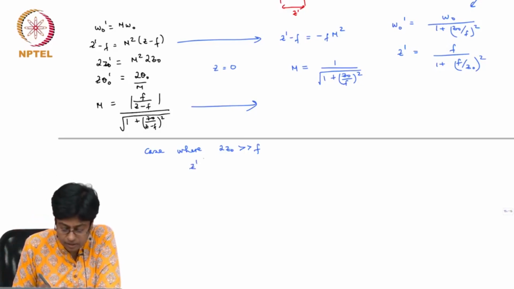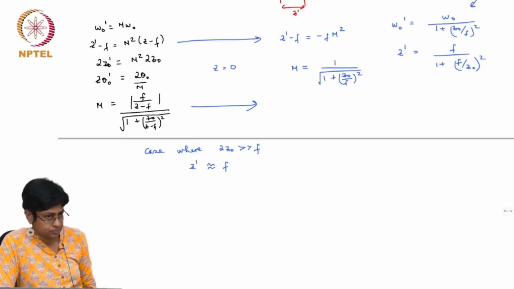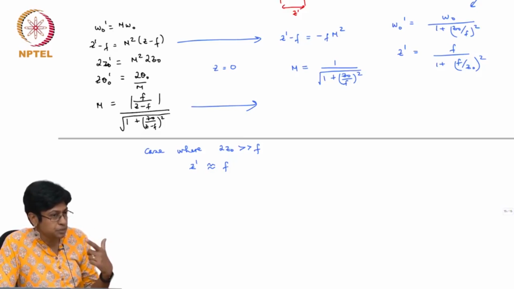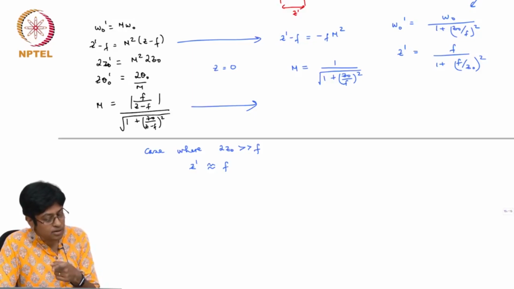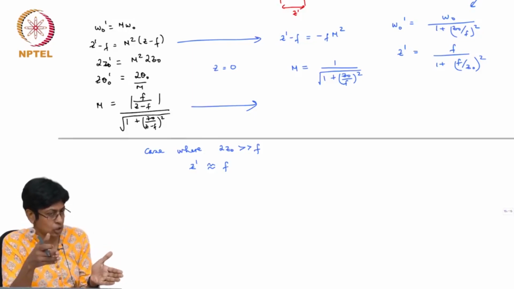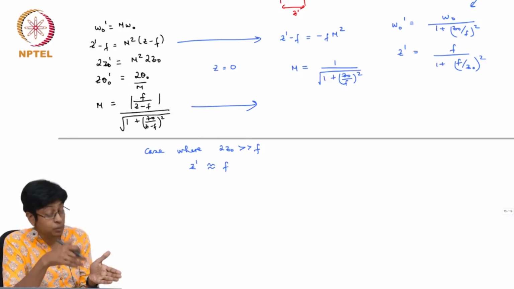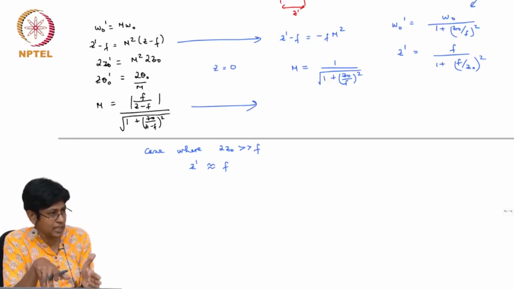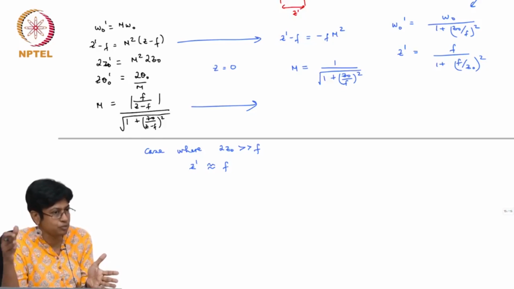Z dash is going to reduce to f. And again, this should be a result similar to what we had seen in the ray optics case, because what does this look like? Z dash, you can think of it as the imaging location, and we are saying now in this particular case the imaging location is nothing but the focal plane.